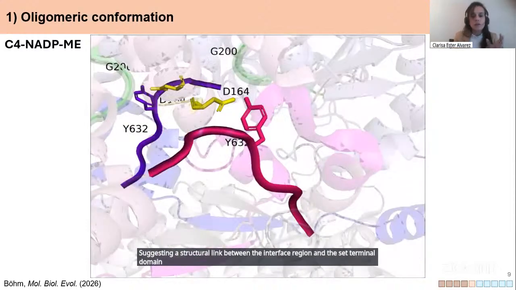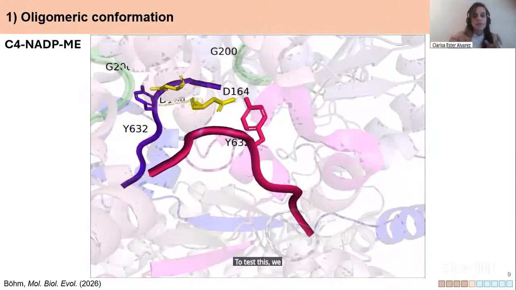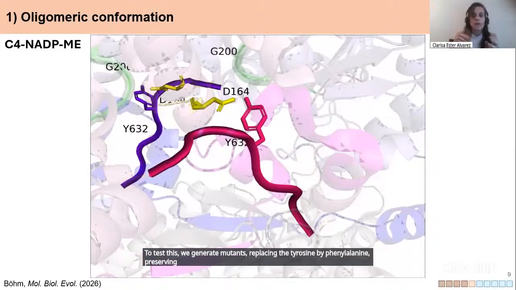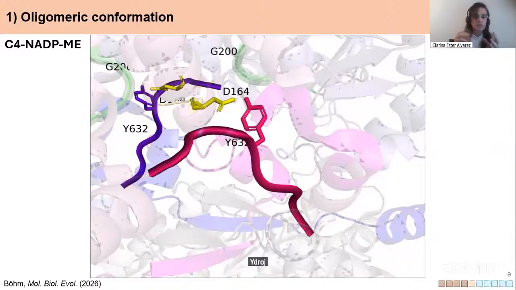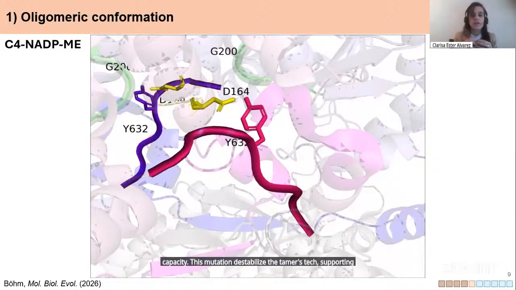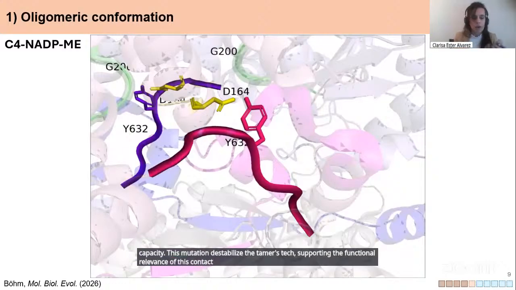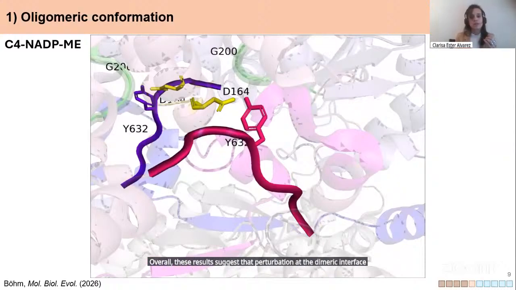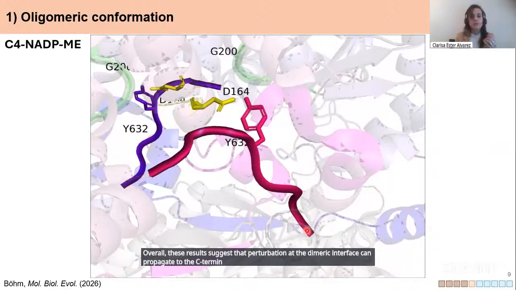To test this, we generated mutants, replacing the tyrosine by phenylalanine, preserving aromatic character while disrupting hydrogen bonding capacity. This mutation destabilizes the tetramer state, supporting the functional relevance of this contact. Overall, these results suggest that perturbation at the dimeric interface can propagate to the C-terminal region, modulating tetrameric assembly.